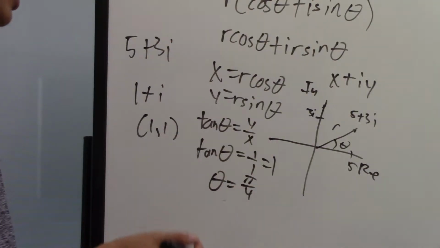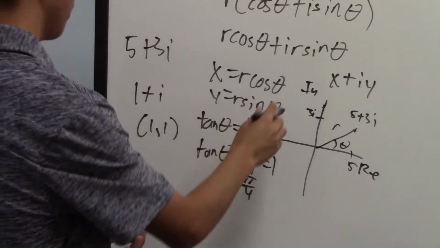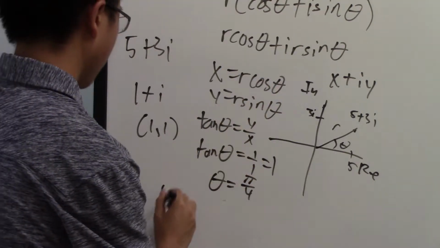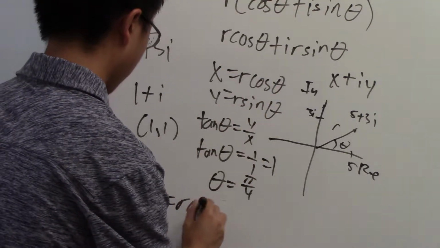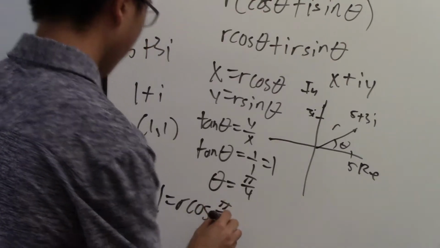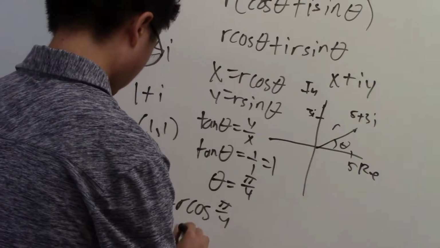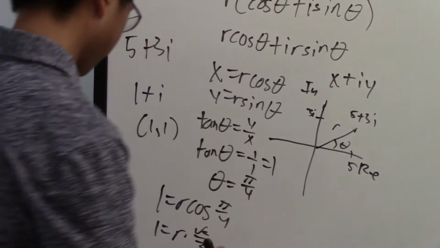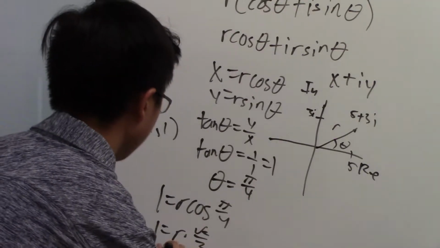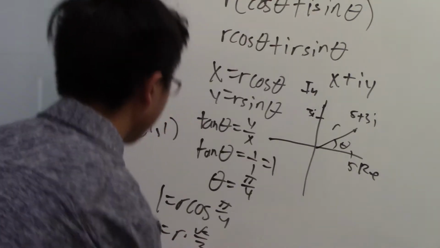And if we wanted to find r, we would just use one of these formulas. So we would just say 1 equals r cosine of pi over 4. Cosine of pi over 4 is root 2 over 2, so 1 equals r times root 2 over 2. And so r would be root 2.